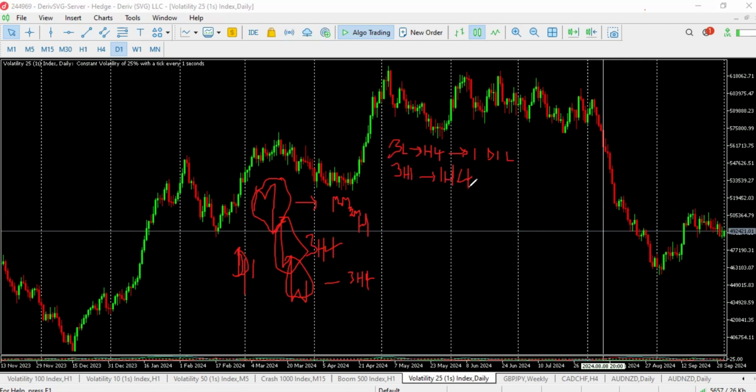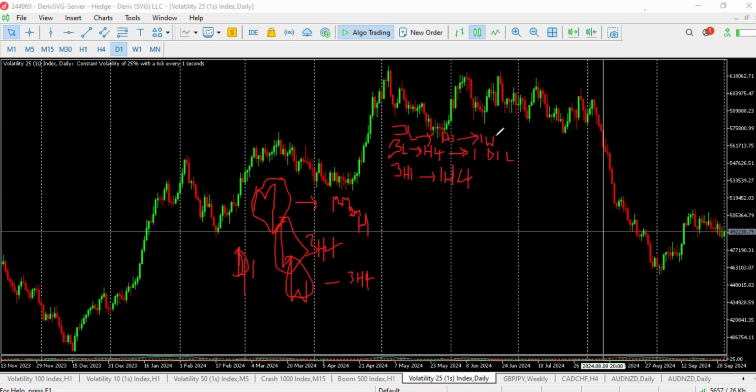However, for the sake of what we are trying to do here, we have specific time frames that we focus on. So 3 H4 levels make up 1 daily level, and 3 daily levels actually make up 1 weekly level. 3 D1 levels give us 1 weekly level.